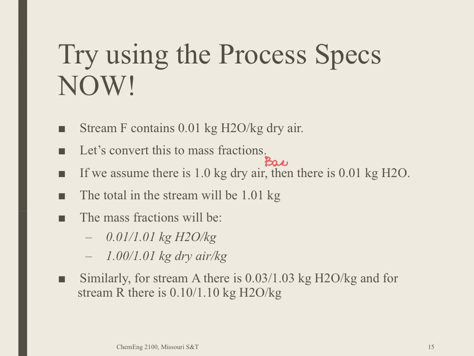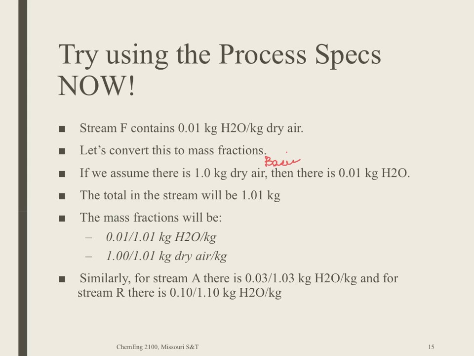This is a basis for our calculations. Then for that 1 kilogram of dry air, there's 0.01 kilograms of water. That means that the total in the stream is the sum of those, 1.01 kilograms. And so the mass fraction is 0.01 over 1.01 for the water and 1 over 1.01 for the air.